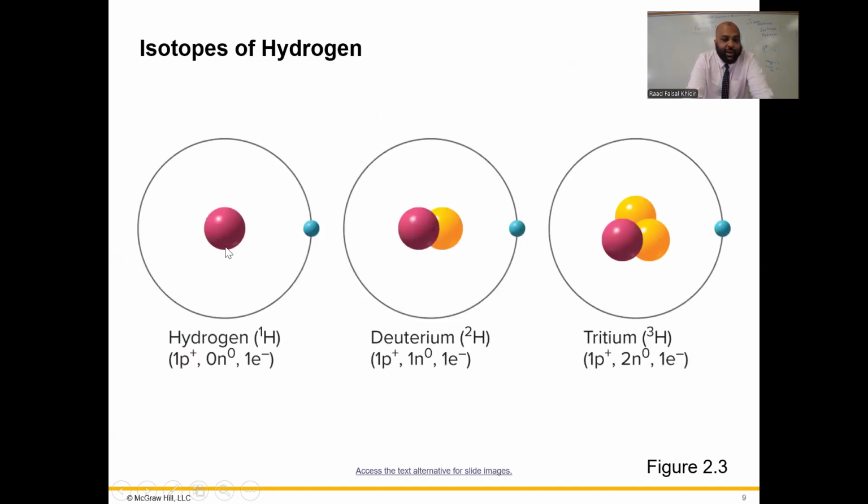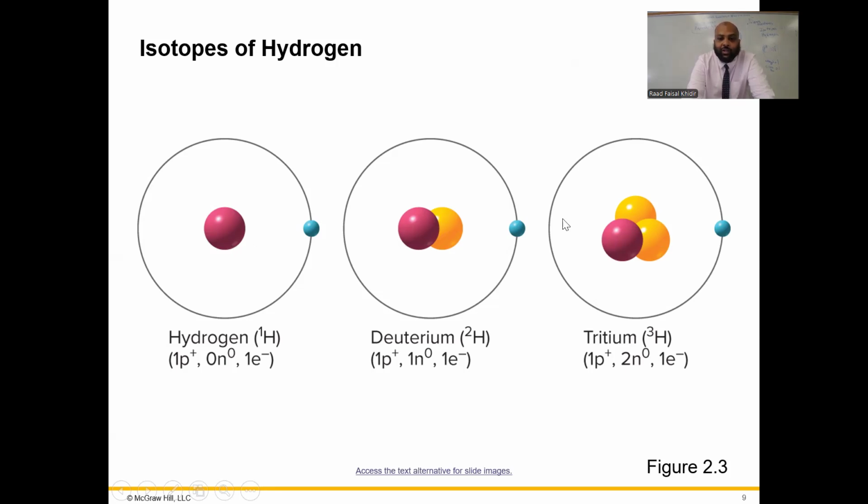That's hydrogen. You see, hydrogen has 1 red hydrogen proton, while deuterium has 1 hydrogen proton but it has 1 neutron. And tritium has 2 neutrons. So for them to be isotopes, they must have the same number of protons. They cannot change the number of protons, because if you change the number of protons, you change the actual atom.